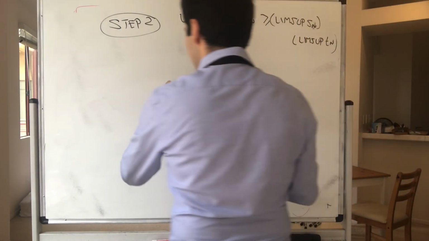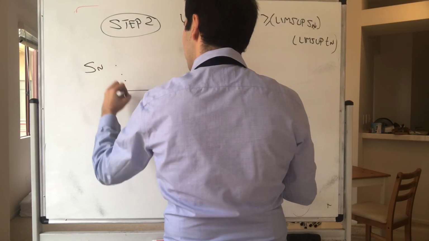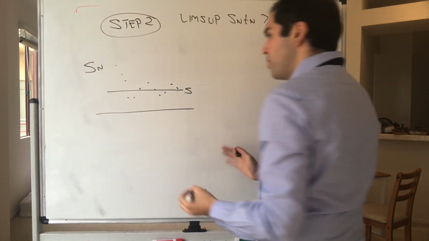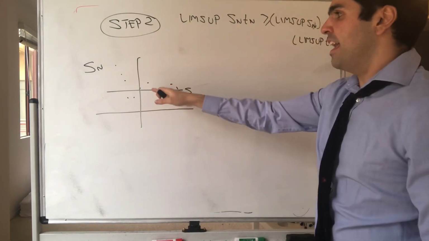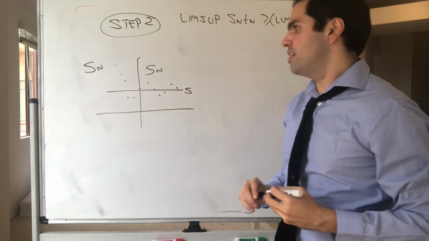So first of all, remember Sn converges to a positive number S. So in particular, eventually, we may assume that all the values of Sn are positive. You can formalize this if you want.